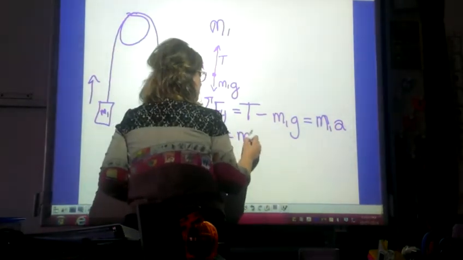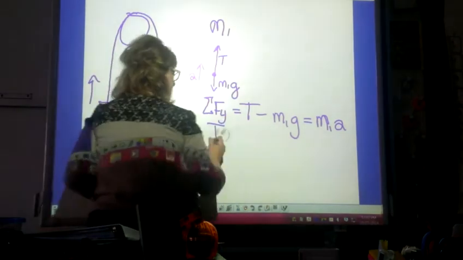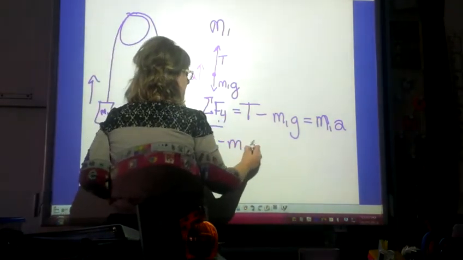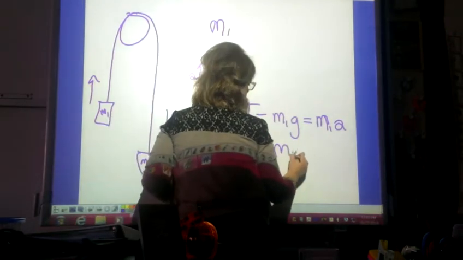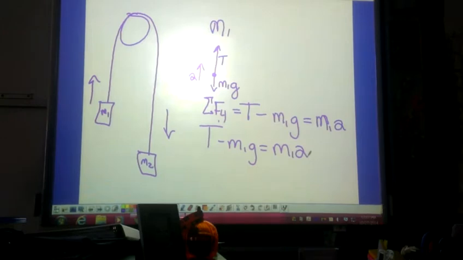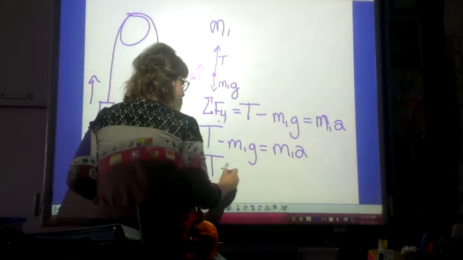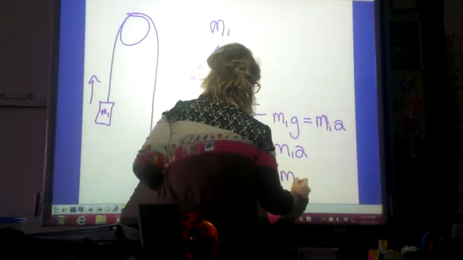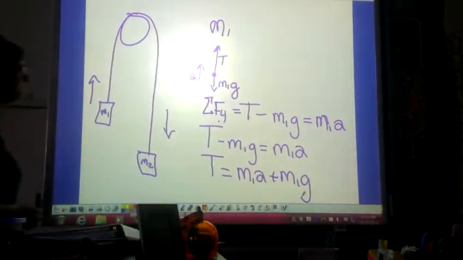T minus M1G equals M1A. So this is true for my first mass. And then let's make it even simpler and say T equals M1A plus M1G.